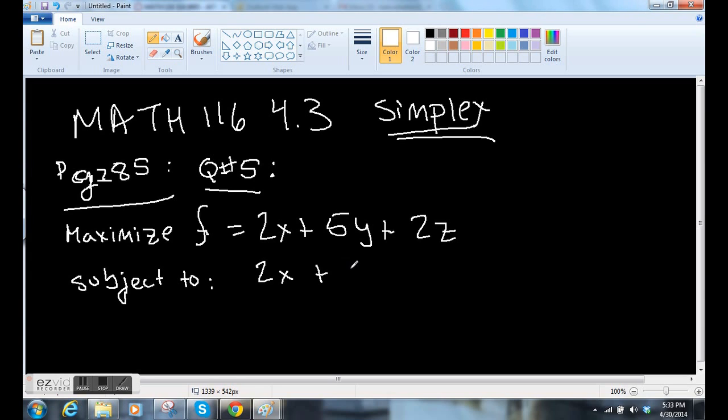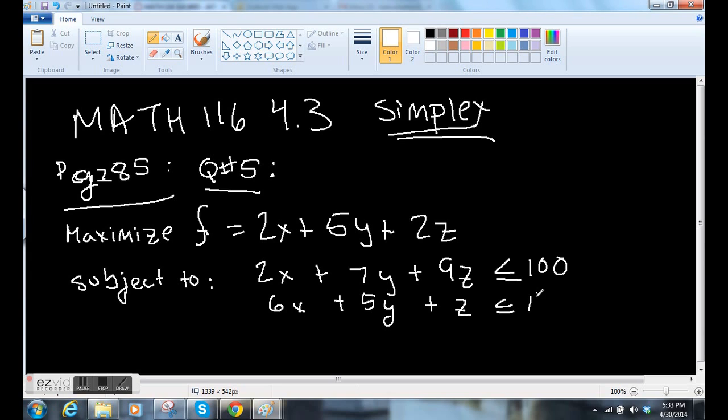2x plus 7y plus 9z is less than or equal to 100. 6x plus 5y plus z is less than or equal to 145. And then finally our last equation is x plus 2y plus 7z is less than or equal to 90.